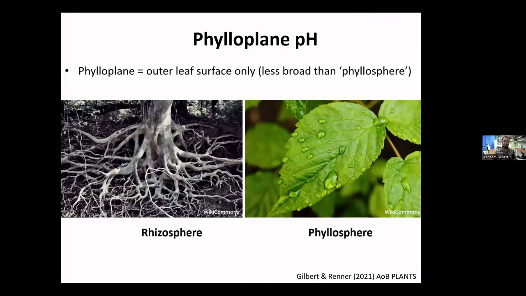So this question of pH. When you talk about roots or the rhizosphere, it's very well understood that roots alter the local pH levels of where they grow. And pH is also very well documented for below-ground studies because it's important to structuring microbes in the soil.